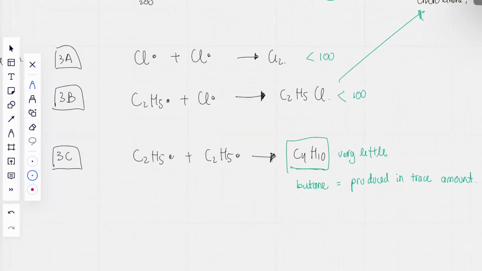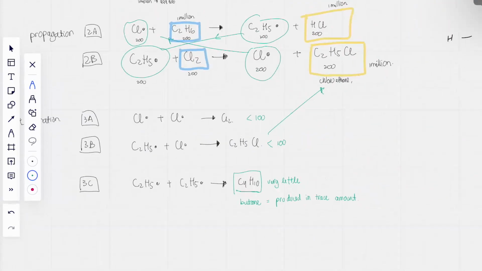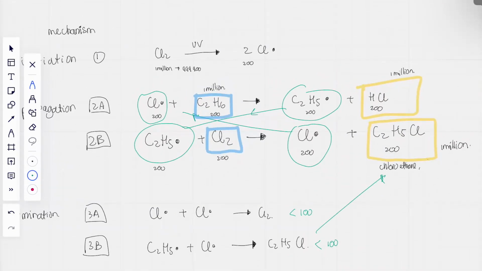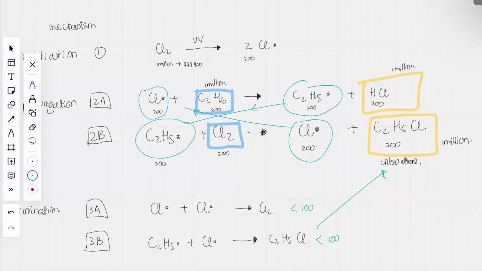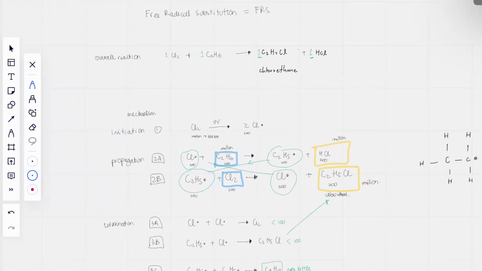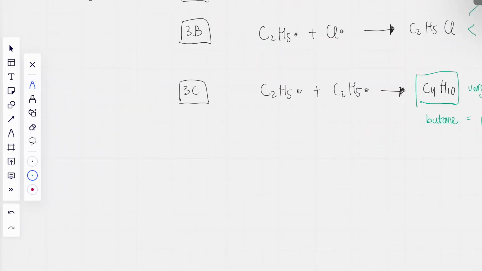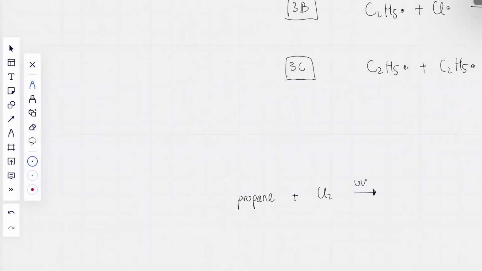Now the combination of question can be many things. They can make a complicated question for this free radical substitution. For example, if you have propane, if the reaction is propane plus Cl2, give me the overall reaction.